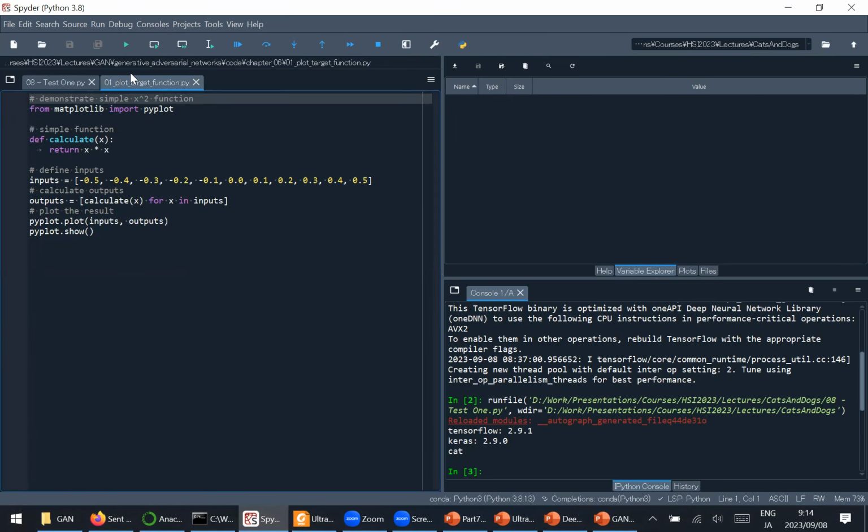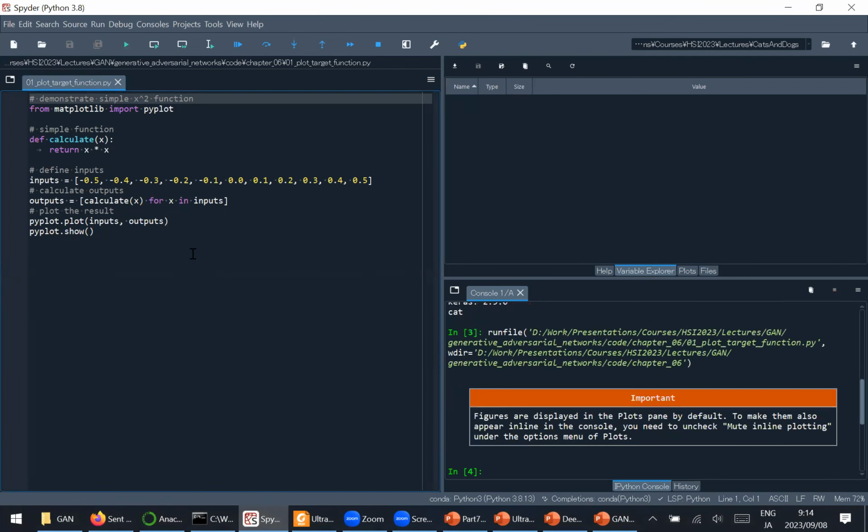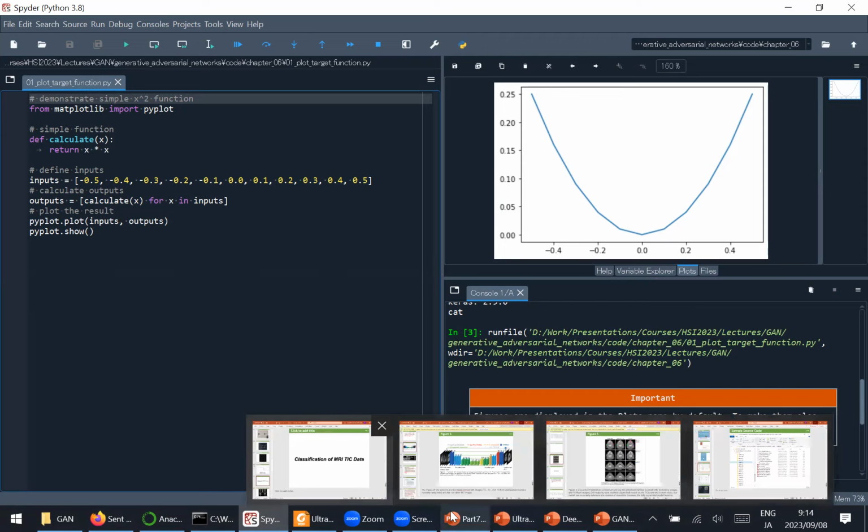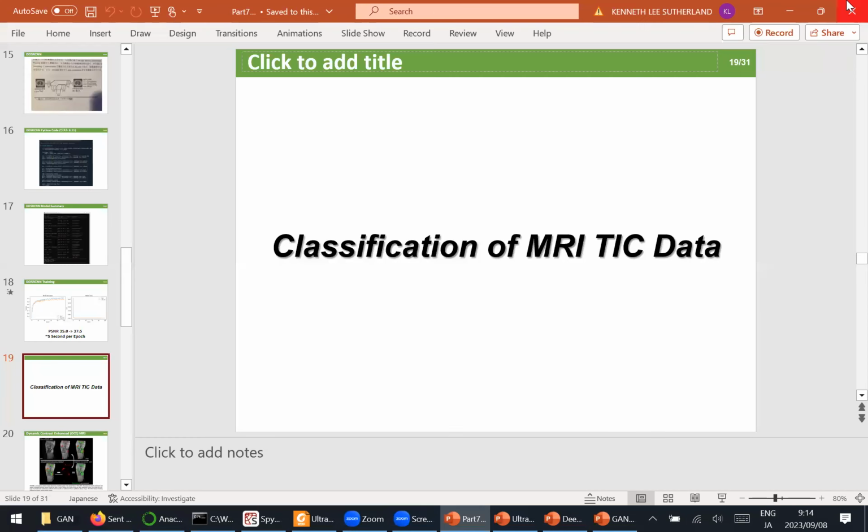All right. So this just, if you have your plots, can you see your plots today? Yeah. Okay, so we start off very simple. Okay, let me close this.